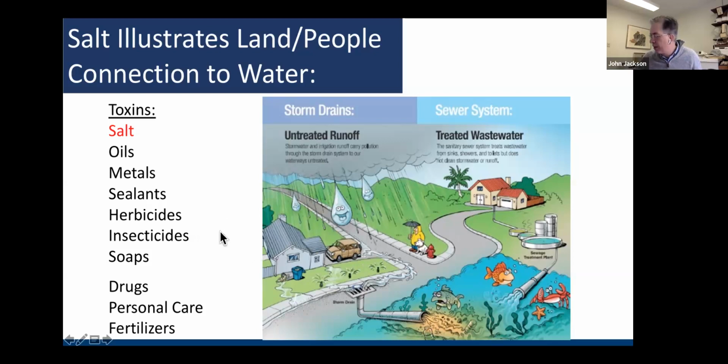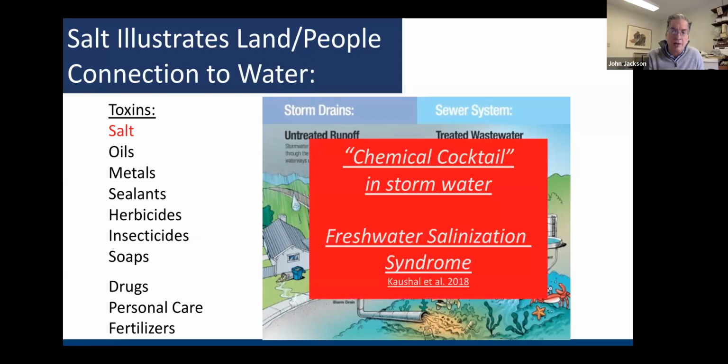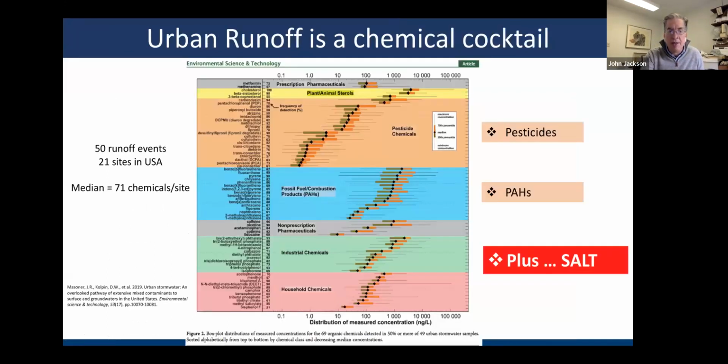And I'm struggling constantly with our volunteers to remind them that urban runoff is a chemical cocktail. If you read about what the freshwater salinization syndrome is, they say it right there. It's a chemical cocktail, of which one of the components is salt. It may be the most important, it may not be. In all likelihood, it's just one of many.